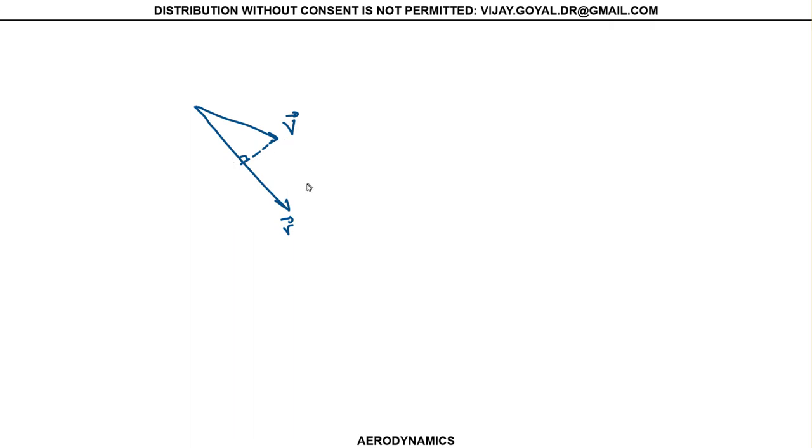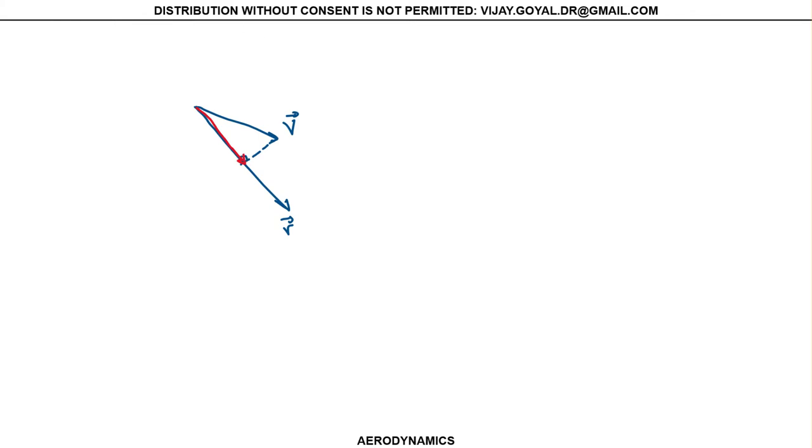I would like to know what is the vector that actually moves along that line. So what I'm really asking you is to find this vector here.